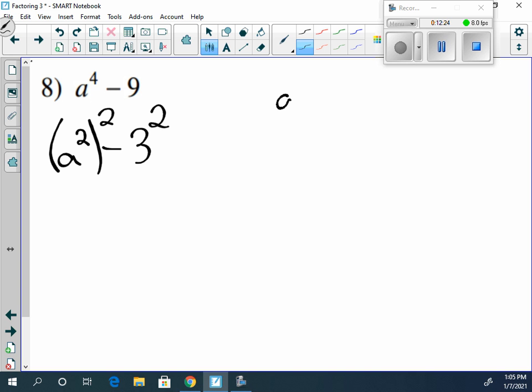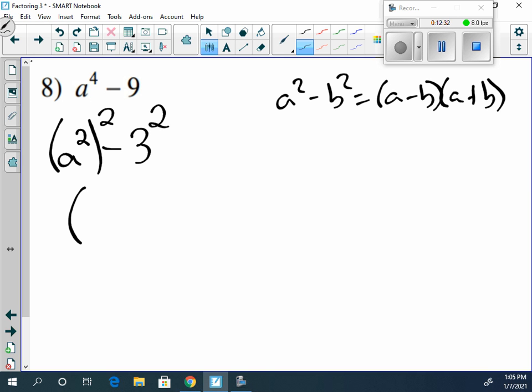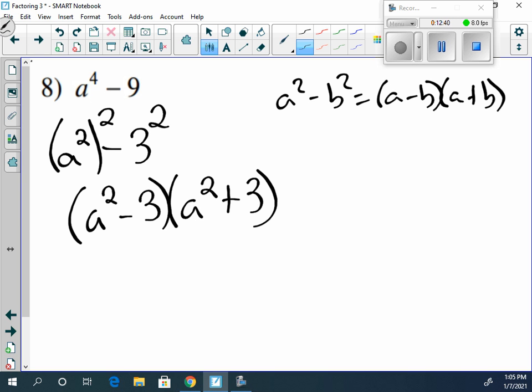So again, we said a squared minus b squared is equal to a minus b times a plus b. So this here would be a squared minus 3 times a squared plus 3. And that's it.